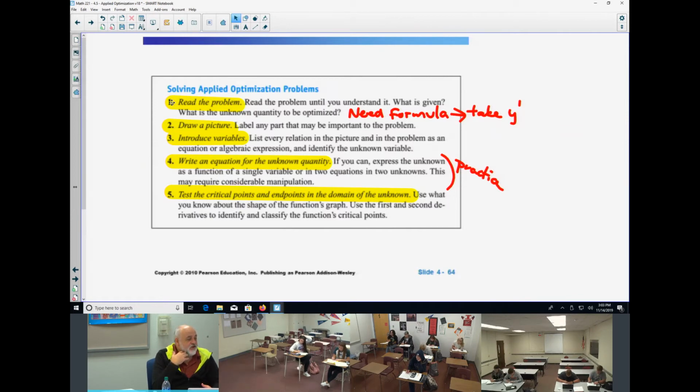Number 3, introduce variables. All right, so, I shouldn't tell on any classes, but in my morning class, when I was having students work through some of these problems, it was funny how I have this one student who wants to introduce new variables.